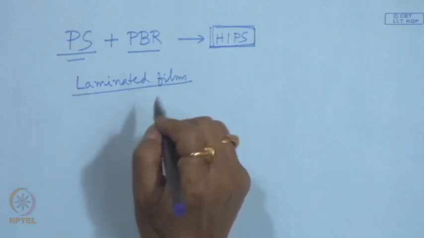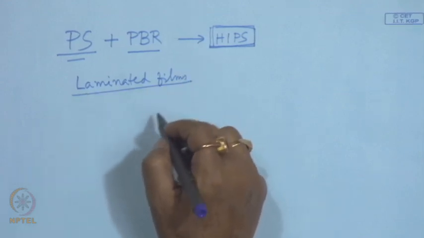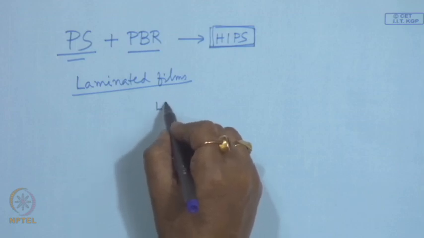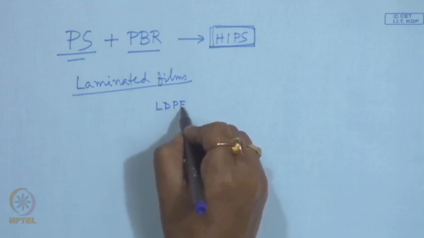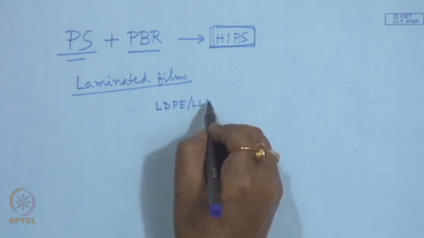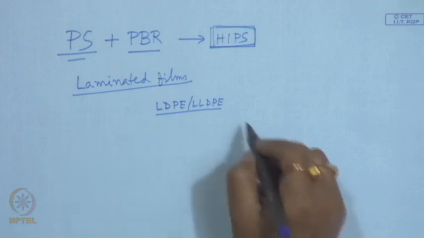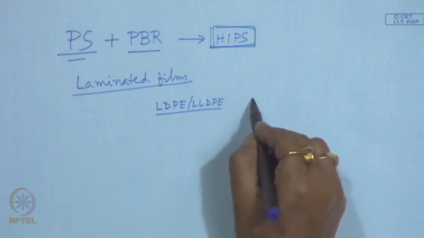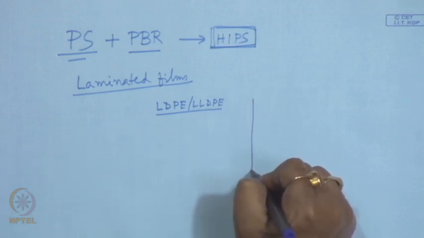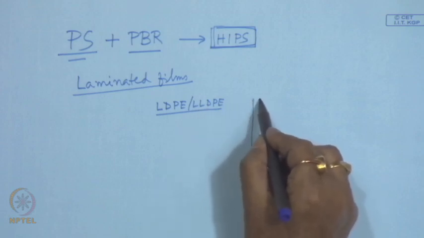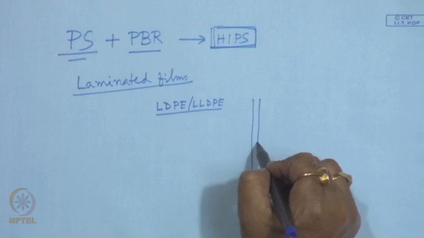Those laminated films are made of basically a blend of LDPE and LLDPE. This LDPE-LLDPE blend is used as the outer layers.